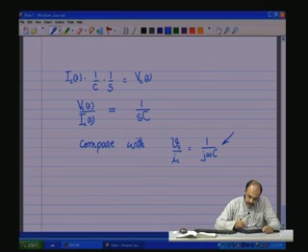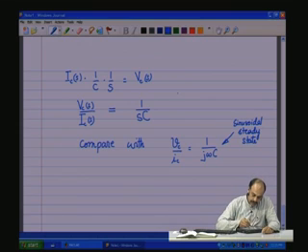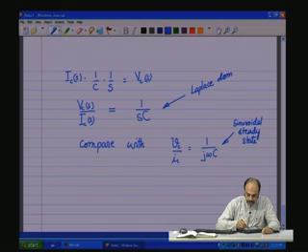This we had obtained for the sinusoidal steady state. And this is the Laplace domain or the pole zero domain.